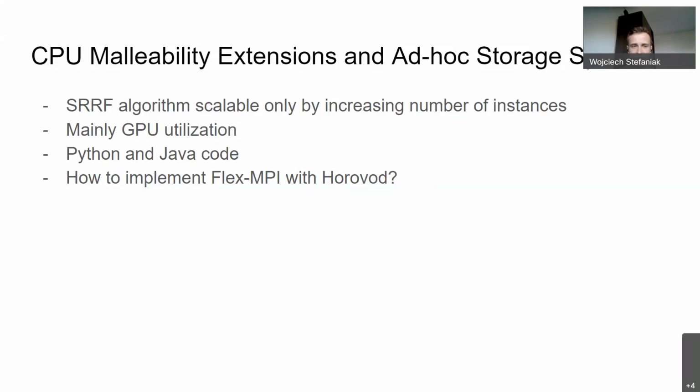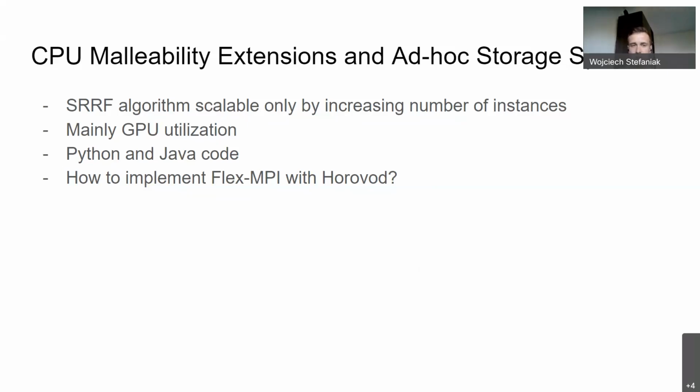We mainly utilize the GPU. We use the CPU during our serve algorithm and our pre-processing. We mainly use Python and Java code. And the last thing that we worry about is that Horovod takes OpenMP, and maybe integrating FlexMPI with Horovod would be really hard.